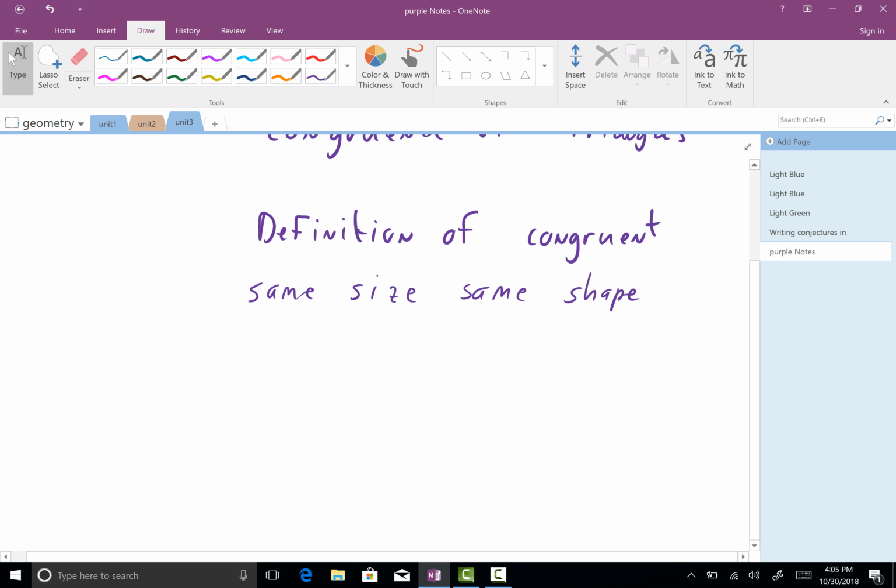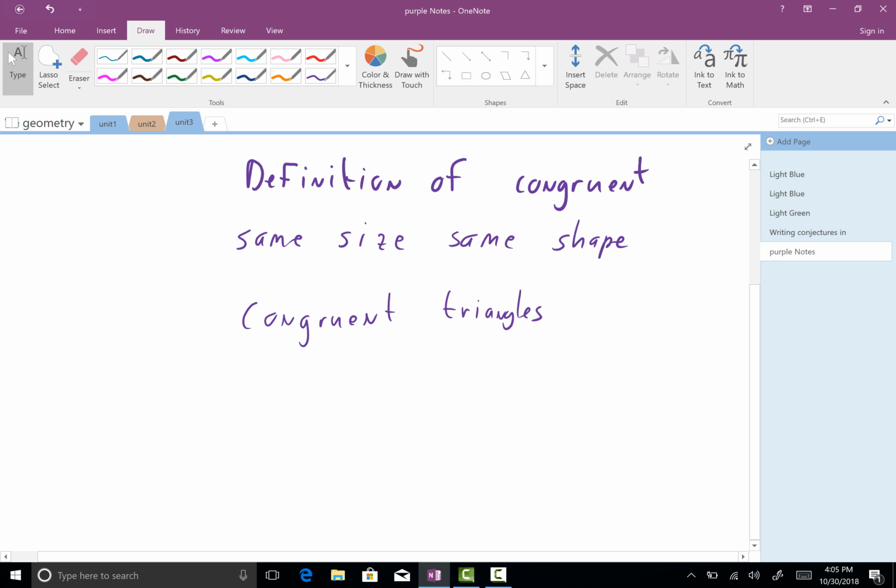When we're talking about congruent triangles, particularly, okay, they're going to have the same size and same shape, but there is a correspondence to them. Congruent triangles and their correspondence.